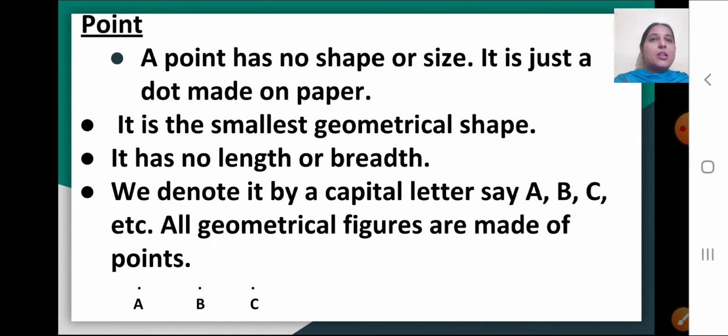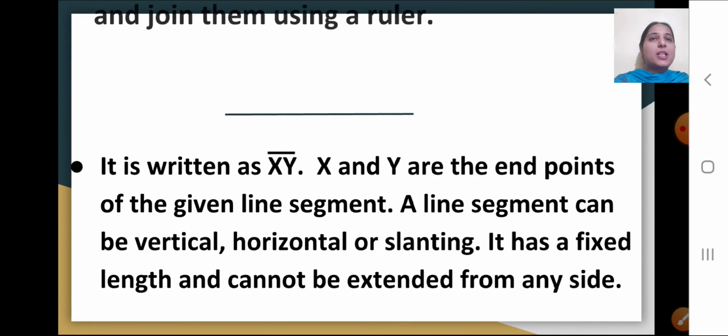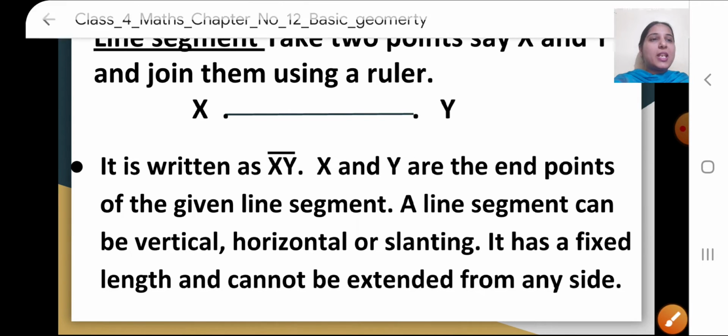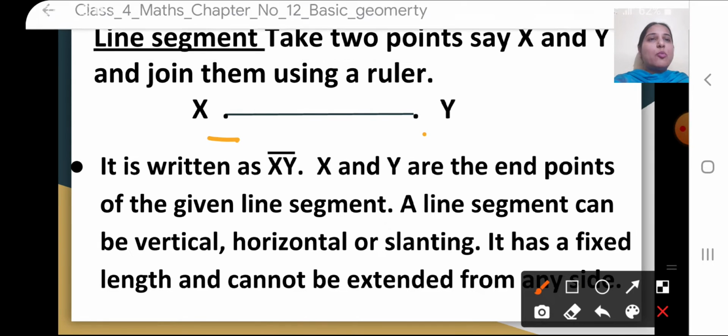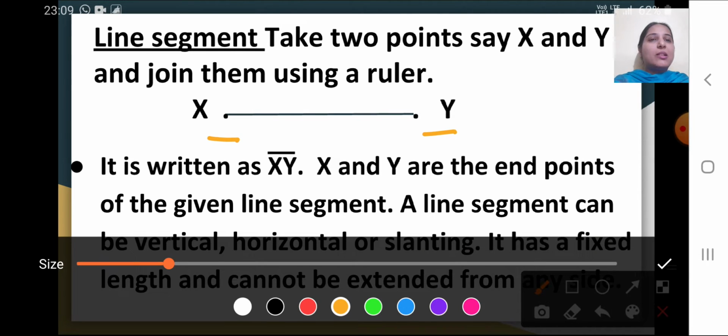Now suppose, children, you have 2 points, point X and point Y. With the help of a ruler or scale, if we join those points, we will get a line segment.